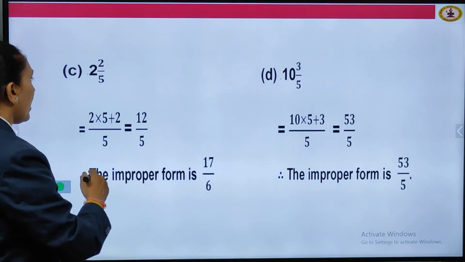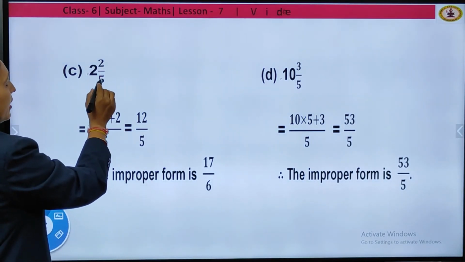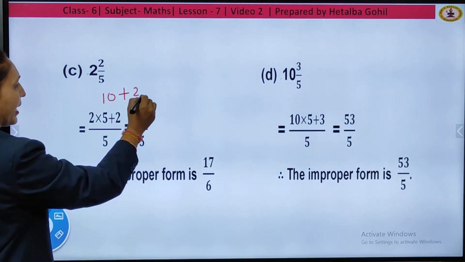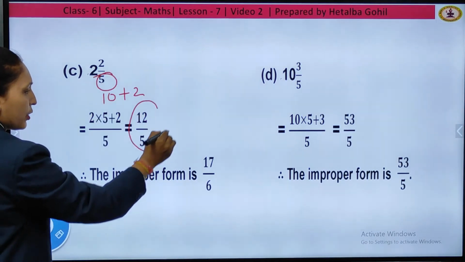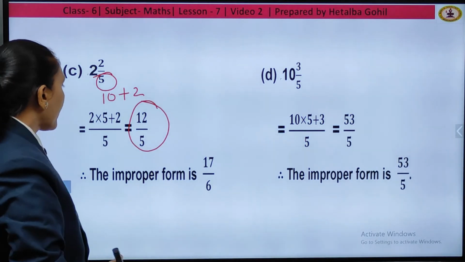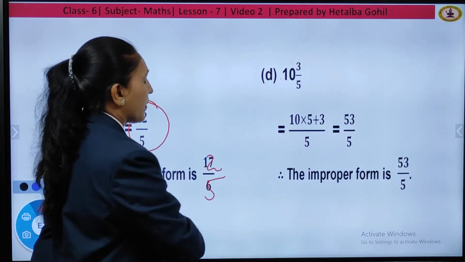The next, children, we have 2 integer 2 upon 5. Multiply 5 with 2 you get 10, 10 plus 2 you get 12, and again the divisor you put here, so the fraction you will get is 12 by 5.